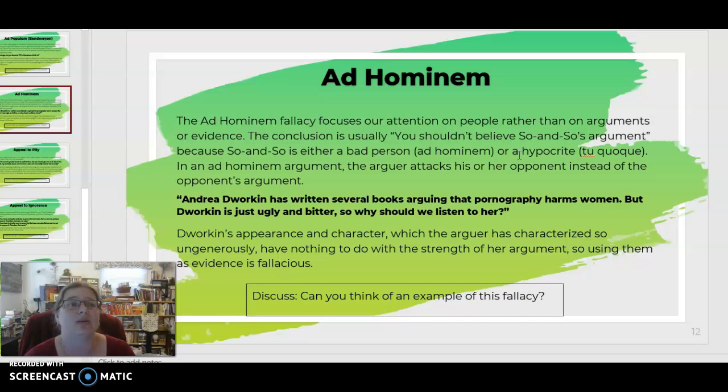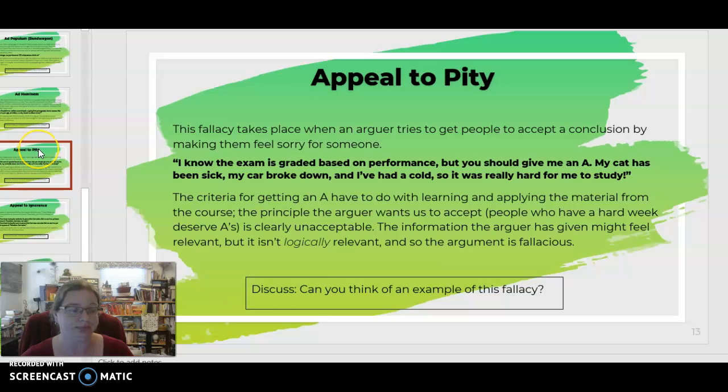But if you want to complain that we shouldn't listen to him just because he is orange and has crazy hair or something, that's ad hominem. That's a fallacy, right? We shouldn't essentially focus on the issuer of the message. We should be focusing on the message instead. Hopefully that clears up ad hominem fallacy.